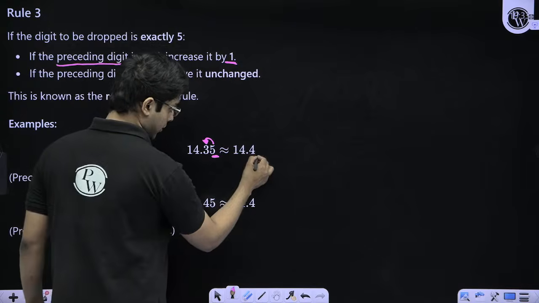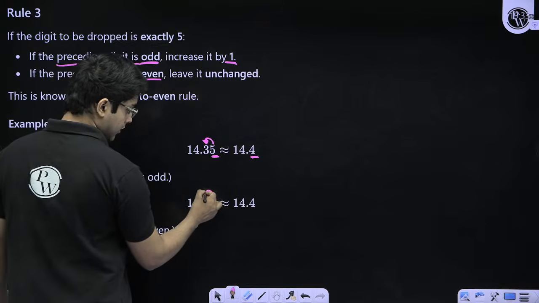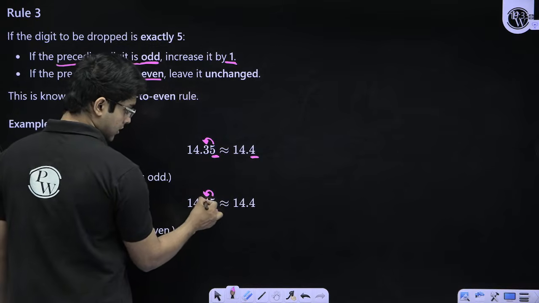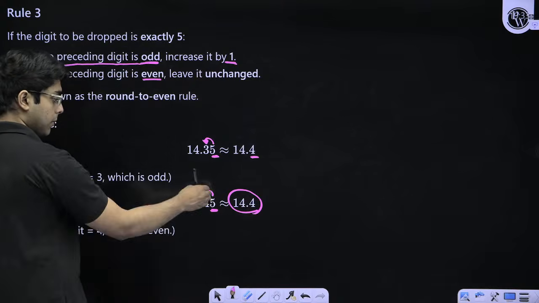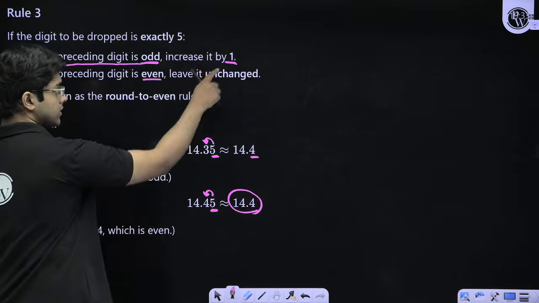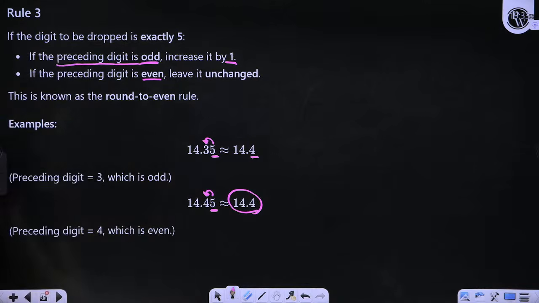So it will become 14.4. In another example, if the preceding digit is even, then you don't change it. So the number before 5, if it is odd, increase it by 1, and if it is even, then you leave it untouched. That is the rule that NCERT follows, so we also need to follow that.